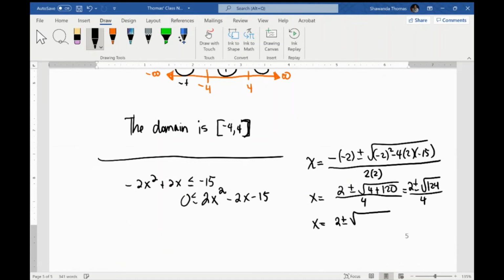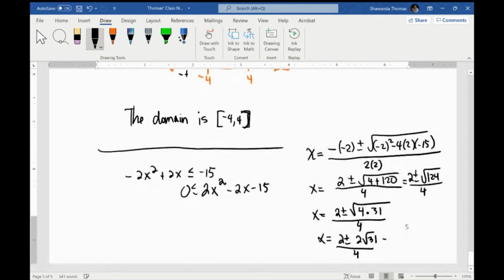All right, is there a perfect square factor in 124? No. 4, right? So we got 2 plus or minus 2 radical 31 over 4, which reduces to 1 plus or minus the square root of 31 over 2.